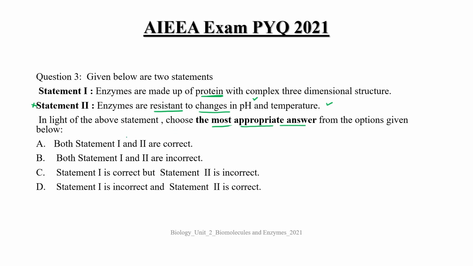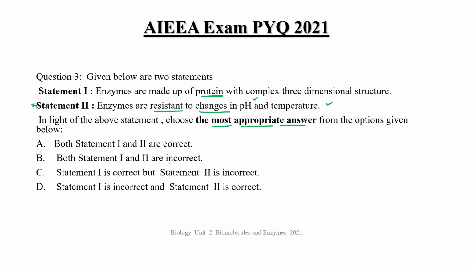So let's see what they have given us in different choices. In choice number A, both statement 1 and 2 are correct. No. Both statements are not correct, right? Both statement 1 and 2 are incorrect?